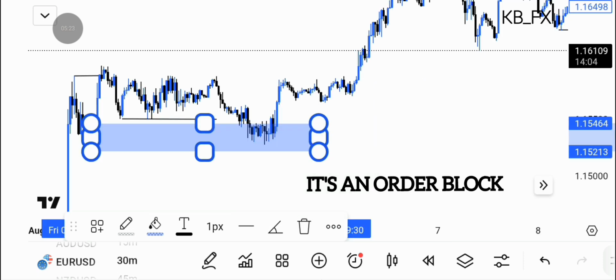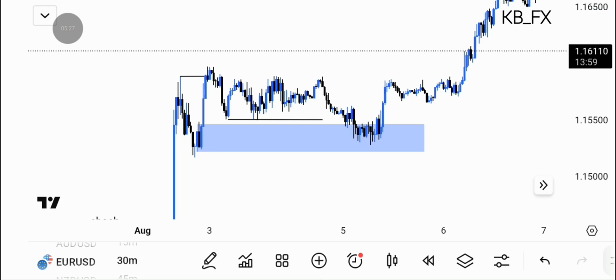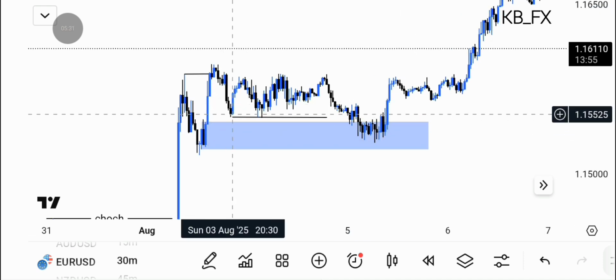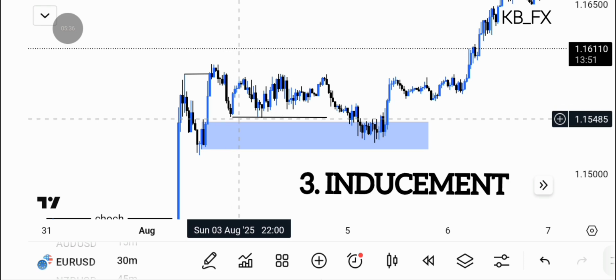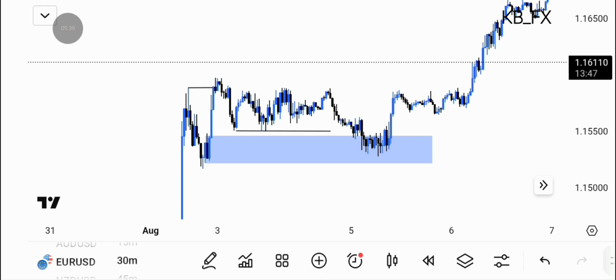From 30 minutes you can clearly see it's another block. Then after my other block here, I can't just enter blindly. I can clearly see my inducement here, which signifies it's a perfect setup for me.